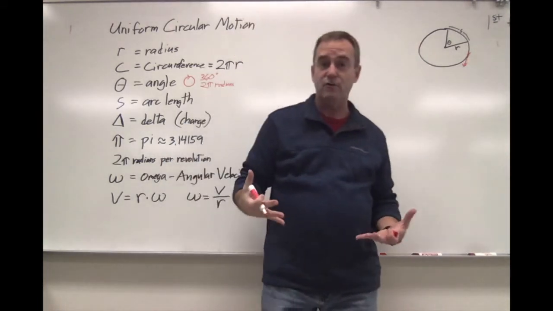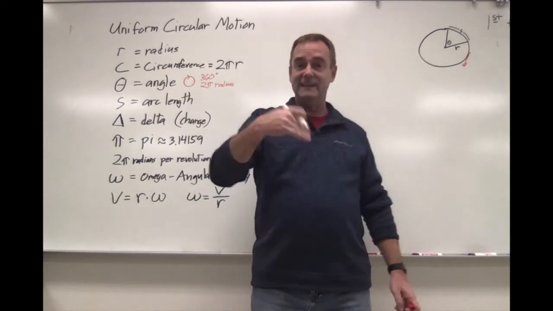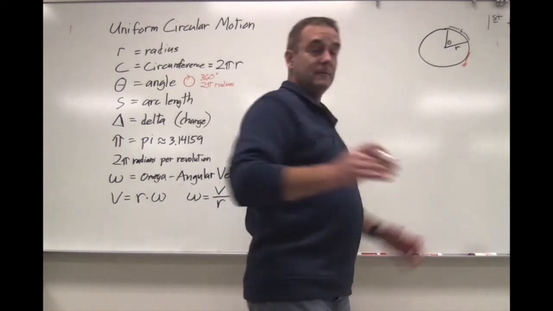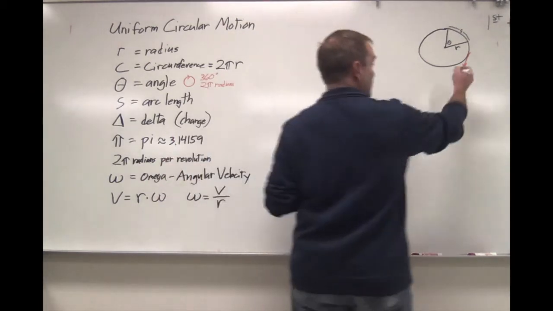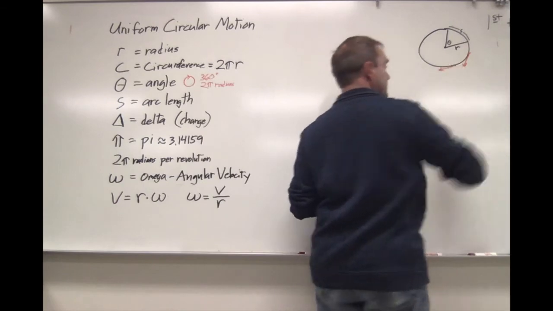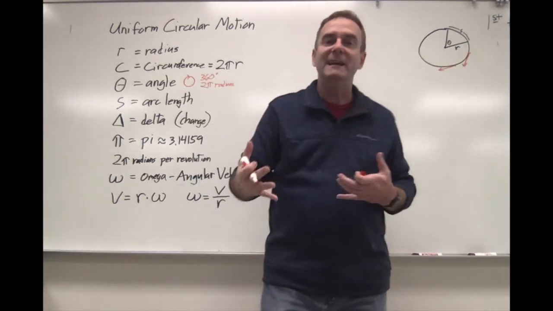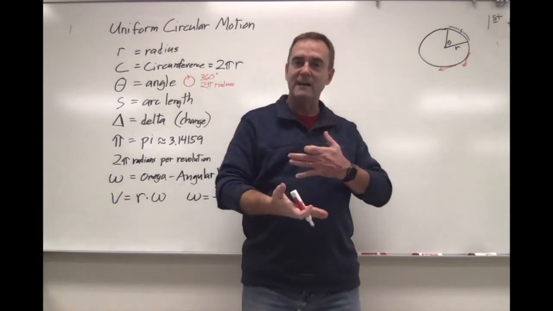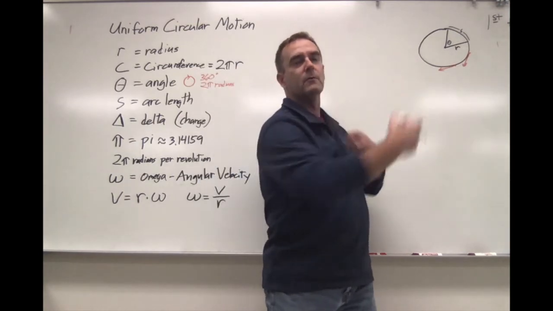And when I cut the string, accidentally, it continued going straight from there, like it wanted to. A moment later, though, let's say a moment before, while it was still attached, it wanted to be going this way. At every moment in time around the circle, it wants to be going straight, but straight is a different direction at every moment around the circle.